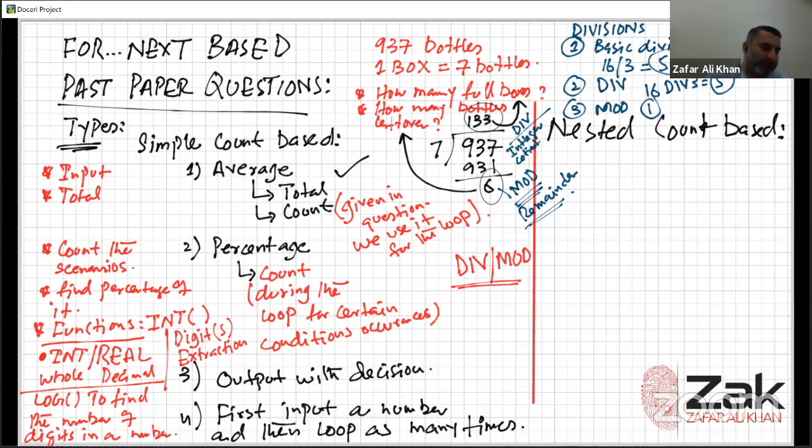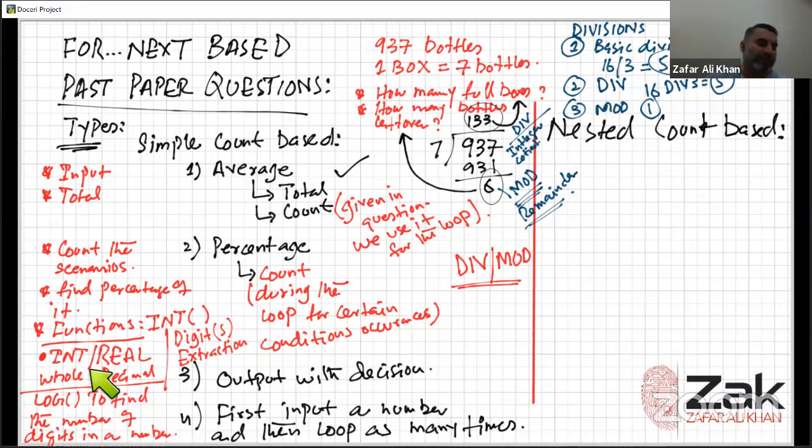In this category of for-next loop questions, we would have so much variety, out of which we discussed a few. Number one, there would be a simple plain question where we might need to find a smaller count and output it, or find the percentage out of that smaller count and output it, or use these functions. The first function that we are going to discuss is the integer function.